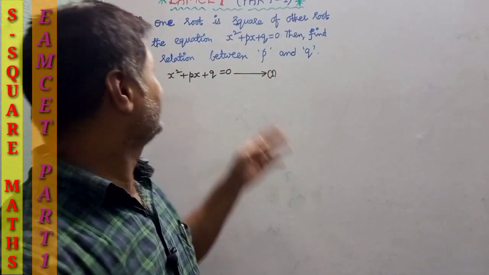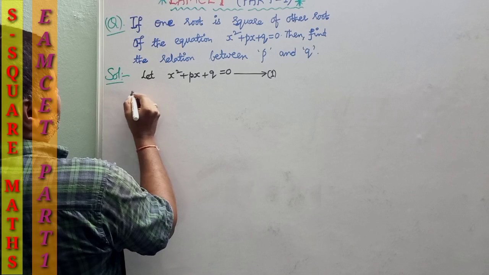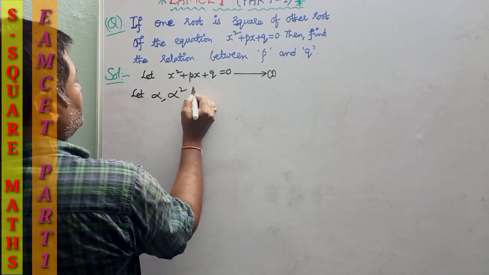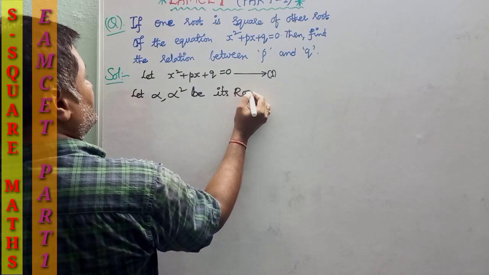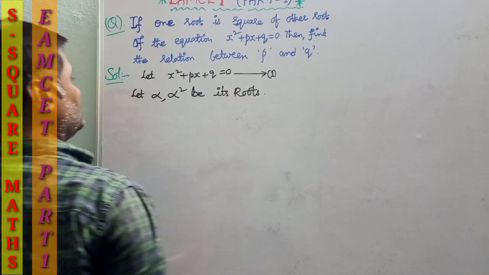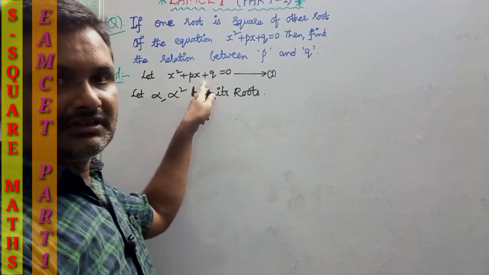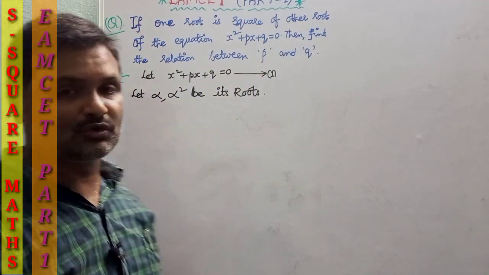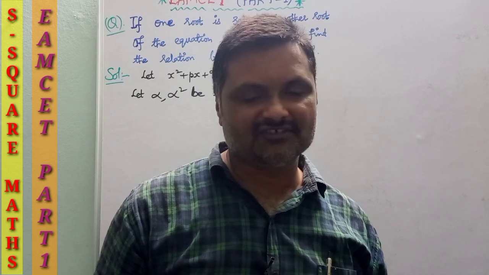Given the condition that one root is the square of the other, let alpha comma alpha square be its roots. If the first root is alpha, then the other will be the square of alpha, nothing but alpha square.